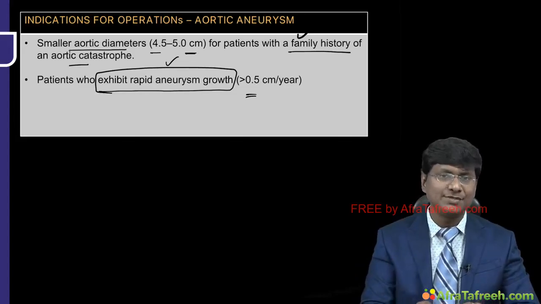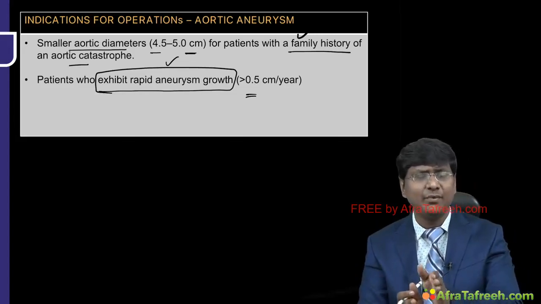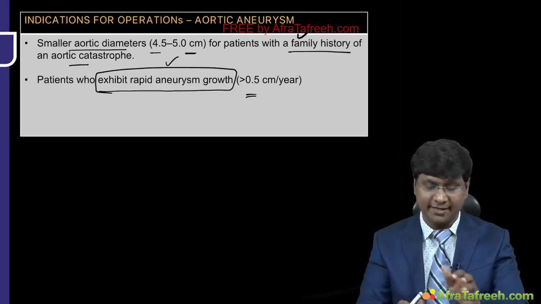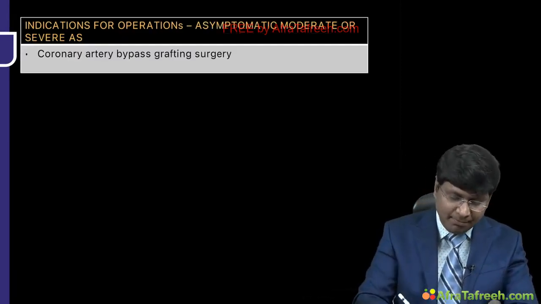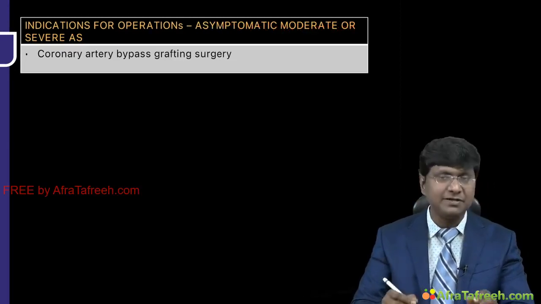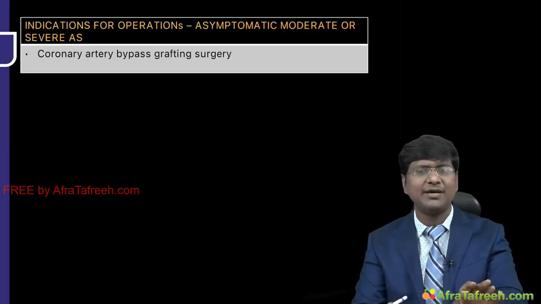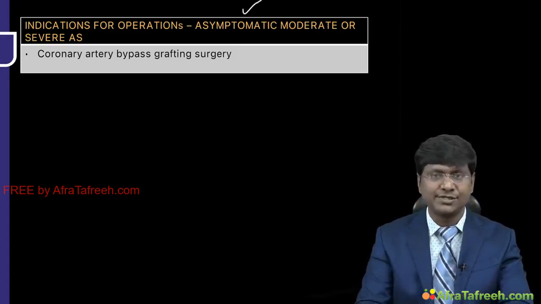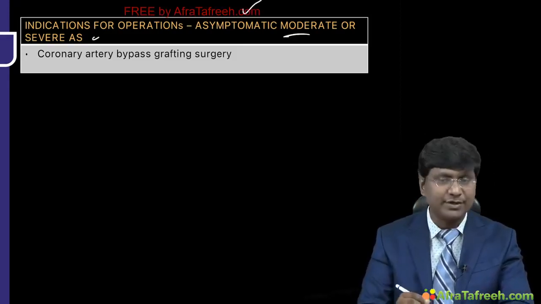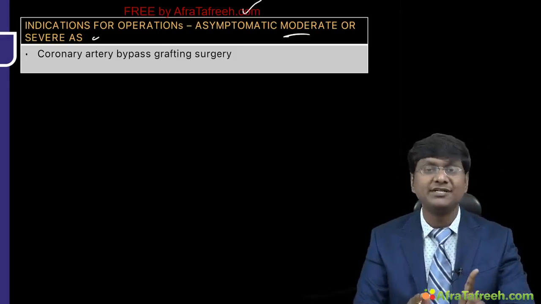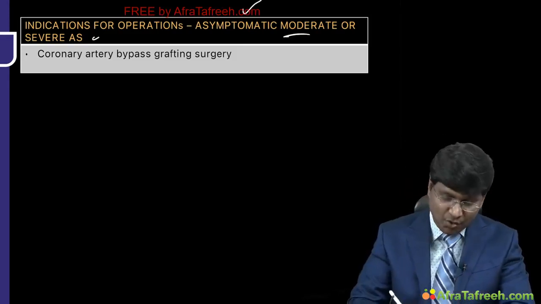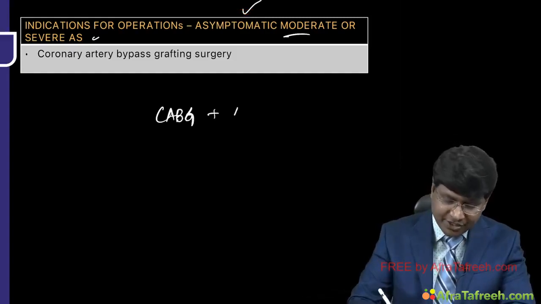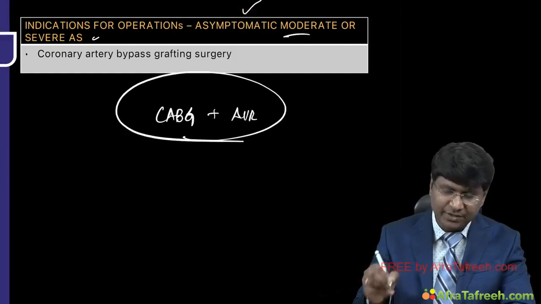Now, apart from this, the other area where you need to do the aortic valve replacement, even though asymptomatic. See, usually what did I tell you? Most of the time, asymptomatic individuals with aortic stenosis don't require the aortic valve replacement. But if there is asymptomatic aortic stenosis, that is moderate or severe, and this particular patient is planned for coronary artery bypass graft, then along with CABG, you also need to do the aortic valve replacement.